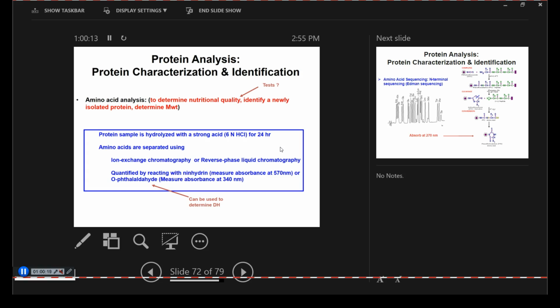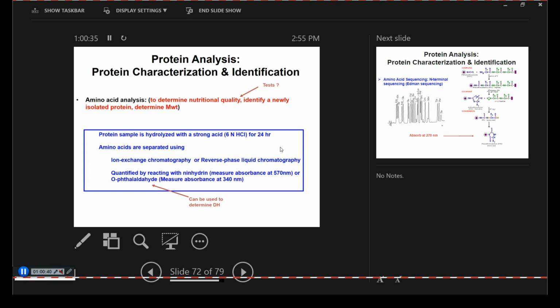And identify a newly isolated protein. So if there is a new protein that we are interested in, like pennycress protein, it would be good to do amino acid composition to look at its essential amino acid composition, its percentage of hydrophobic amino acid residues, percentage of charged amino acid residues.